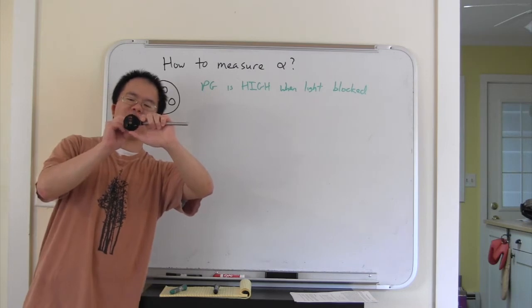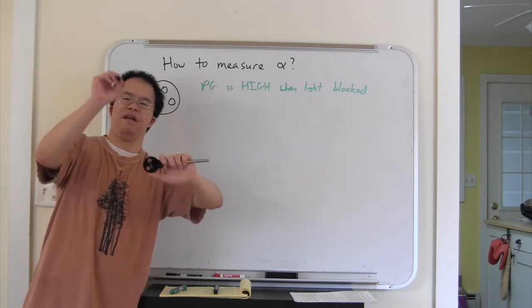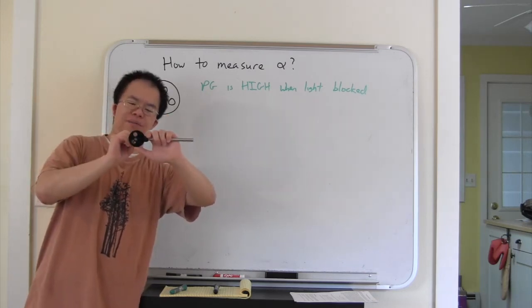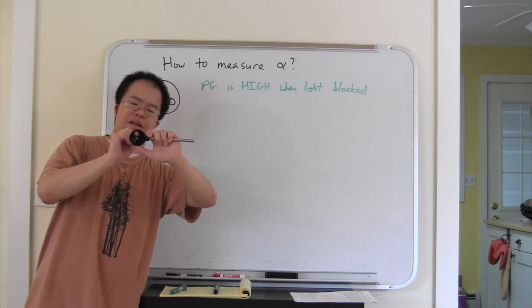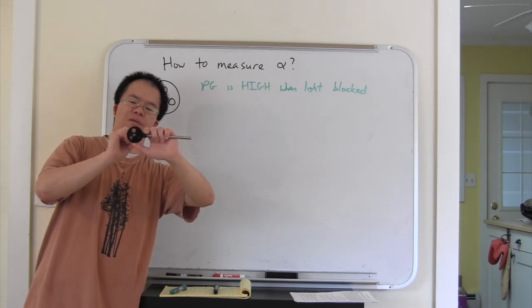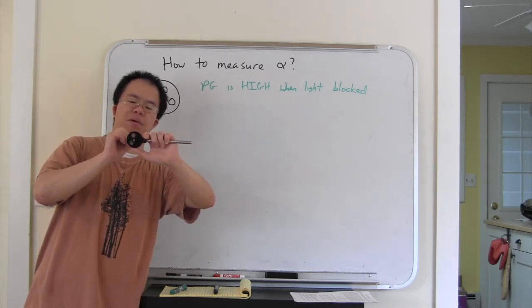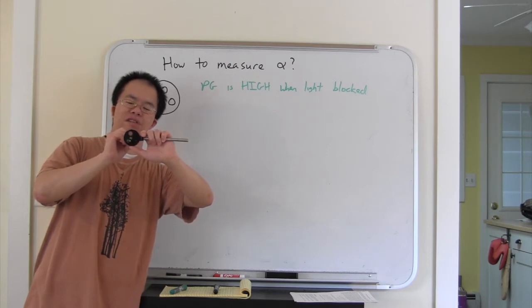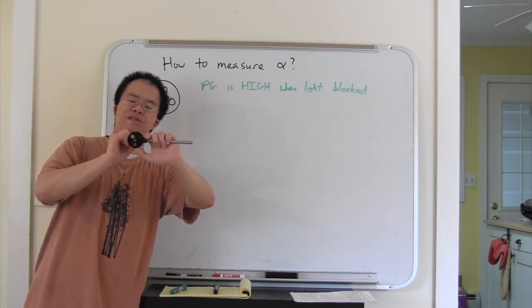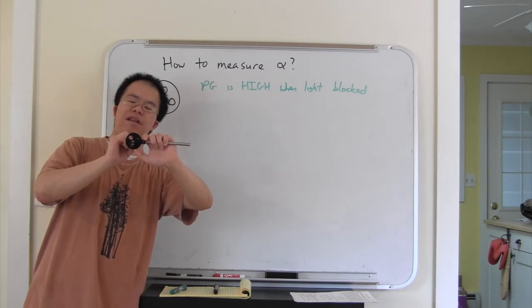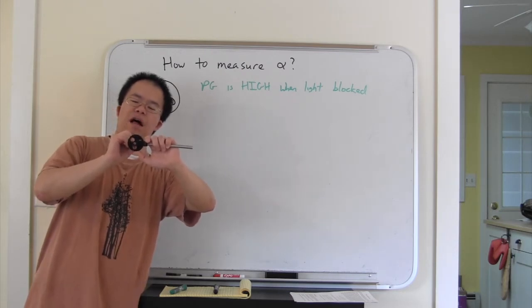So suppose that I set up my photo gate like this, and let's pretend that my pencil here is the light beam. If I have this shining right through a hole, you can see that light can make it through the hole with the pulley wheel in this position, so the signal will be low. But if the pulley rotates, now my pencil can't make it through, my light is blocked, and we're going to get high.